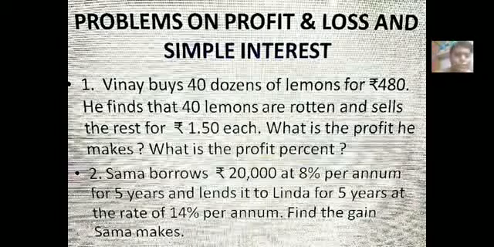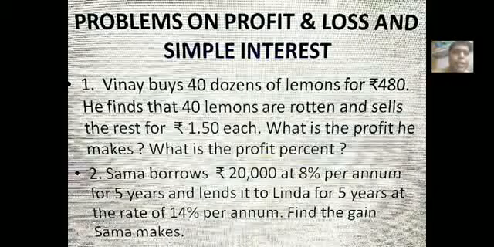What is the profit percent? This is from your profit and loss percent chapter. And question 2 is from simple interest. Sama borrows 20,000 rupees at 8% per annum for 5 years and lends it to Linda for 5 years at the rate of 14% per annum. Find the gain Sama makes. Let us discuss both the questions.